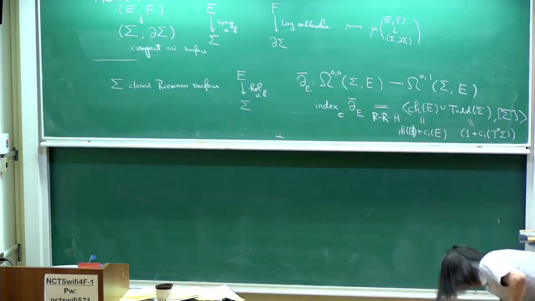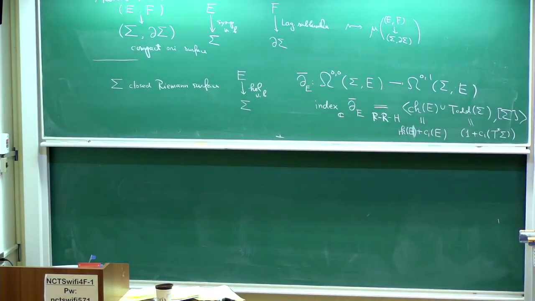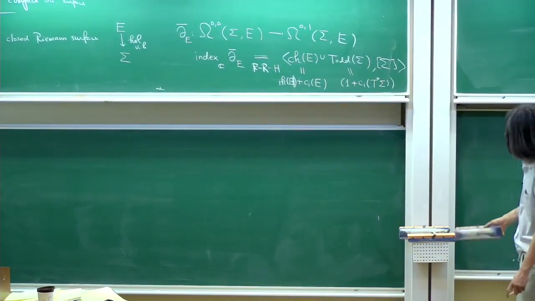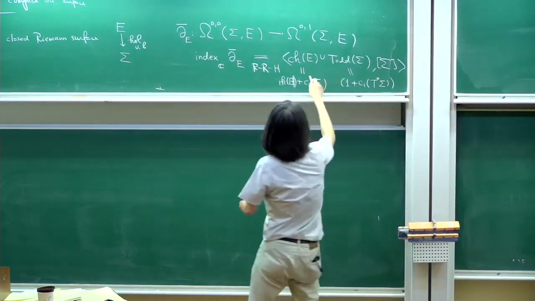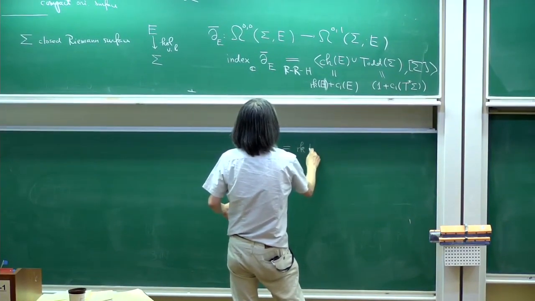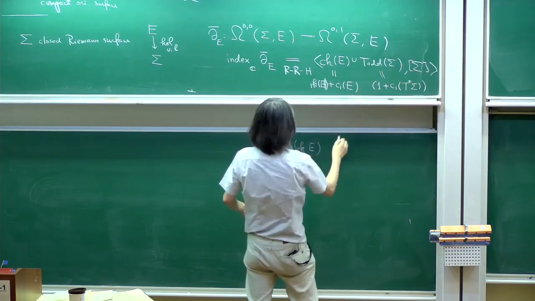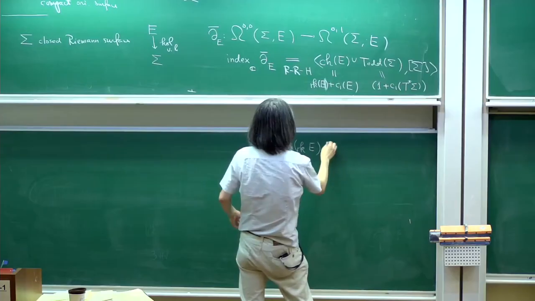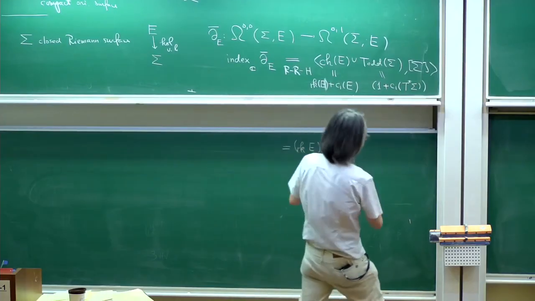Okay. I think so. Therefore, in this case, I have only these two things. So this one is equal to the rank of E times this thing. But this one is equal to 2 minus, oh sorry, maybe I have to multiply by 2.